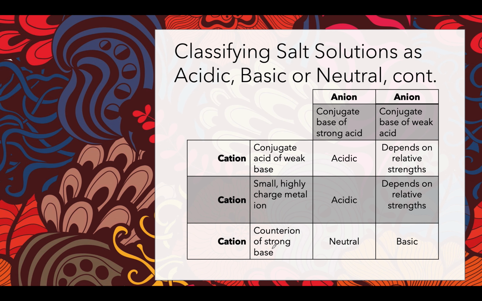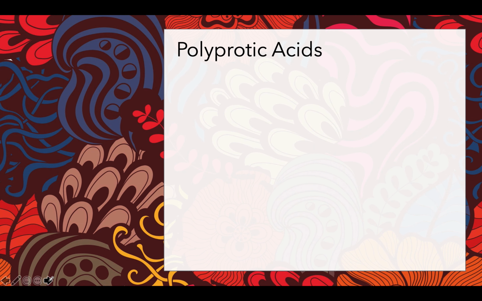Strong bases will form a neutral cation, conjugate acid, okay? And then it's only really our weak bases and our weak acids that are going to allow those conjugate bases and conjugate acids of weak acids and weak bases to give us a salt that can be either acidic or basic. All right, so once again, this was a great time. You can stop the video, work end-of-chapter problem number 101.